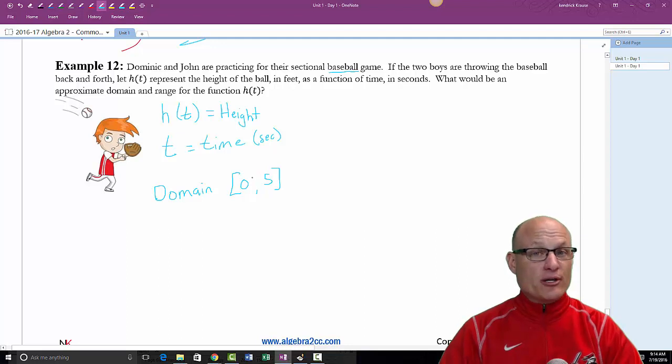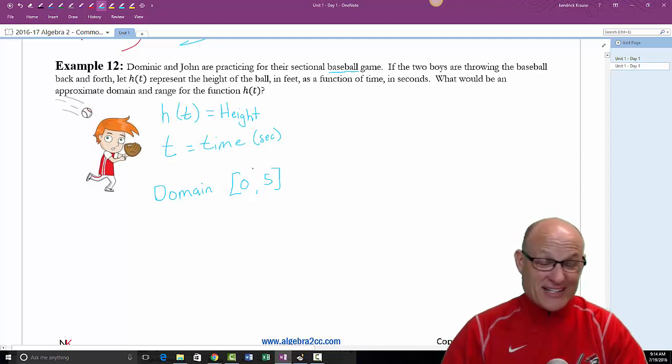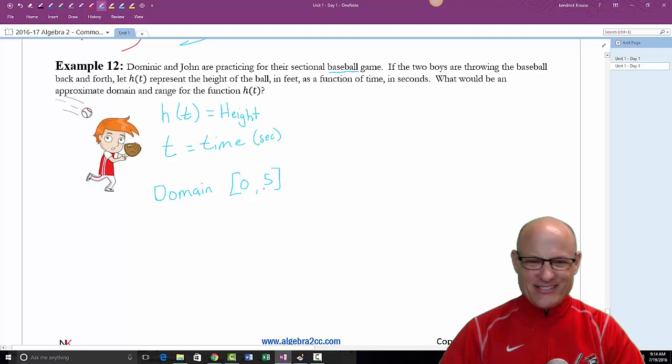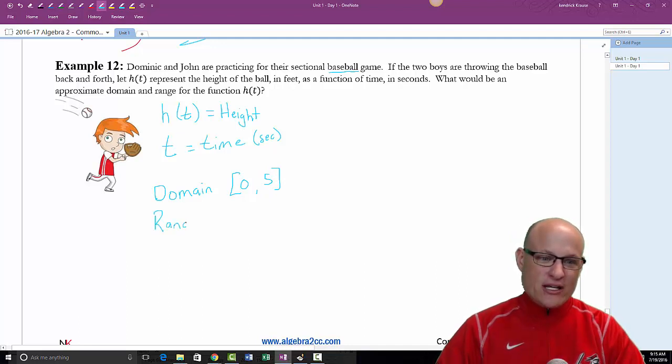I'm going to guess you don't get to more than 3. Good baseball players, maybe they can get to 5 seconds. But certainly 10 would be stupid. 12 would be stupid. You put 100 there, you'd be like, what? Why do I need 100? Dumb.